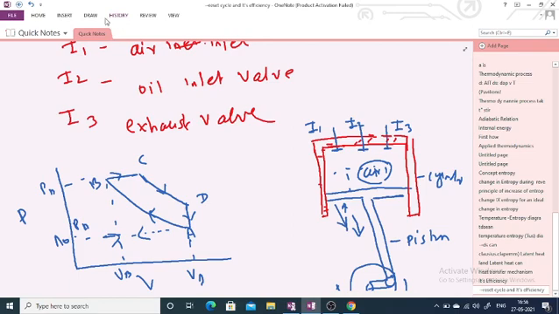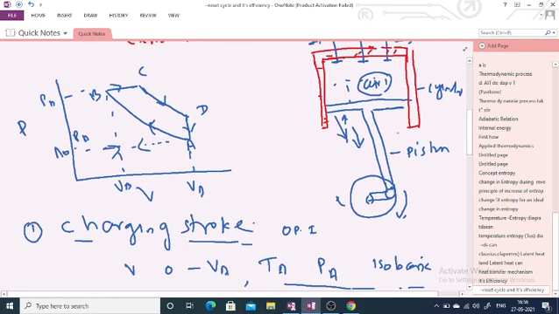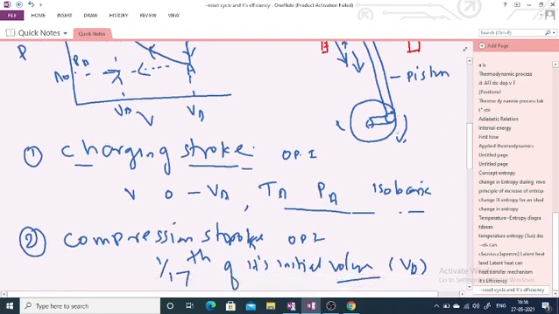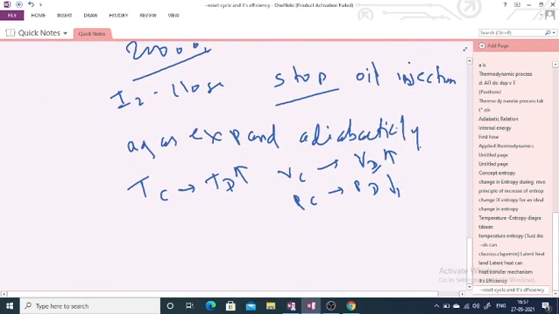Now at this end you can open the valve I3, and you pass out some gas along with the heat Q2. That is, in your Carnot heat engine, Q2 is the amount of heat rejected to the sink.